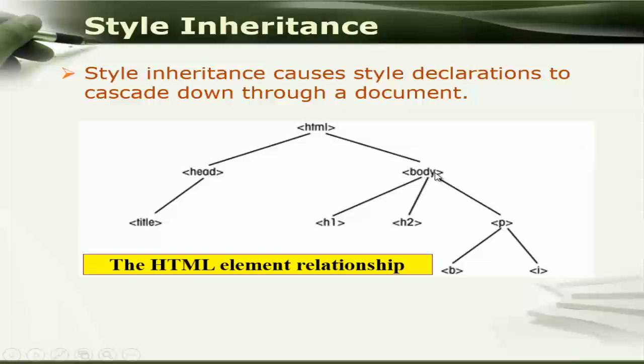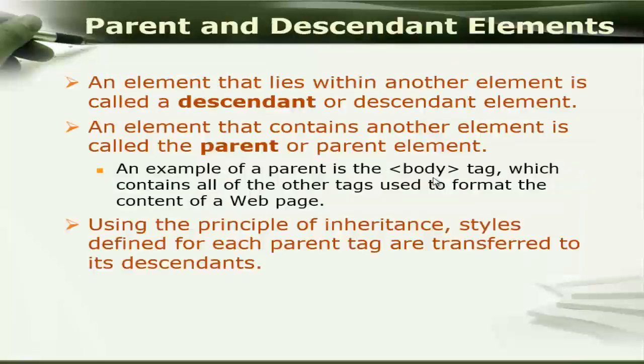So it's a parent-child relationship. Whereas if you take this B and I, they are not the immediate children; they are the grandchildren of the body. In that case, we say just descendant. So we have the descendant or the parent relationship.